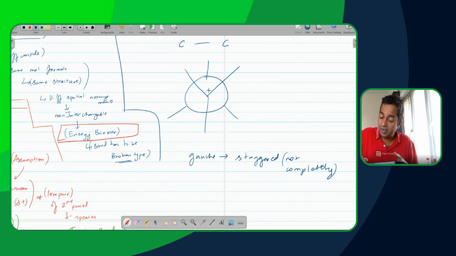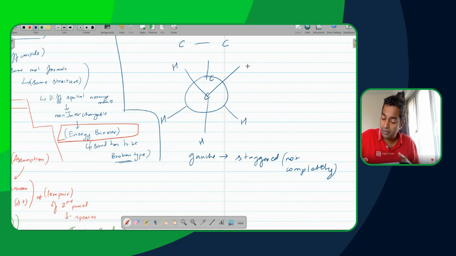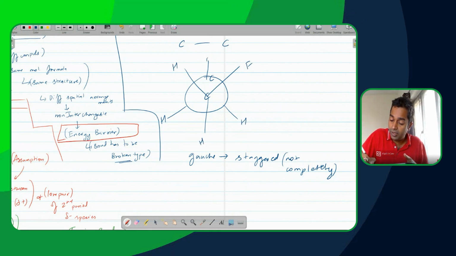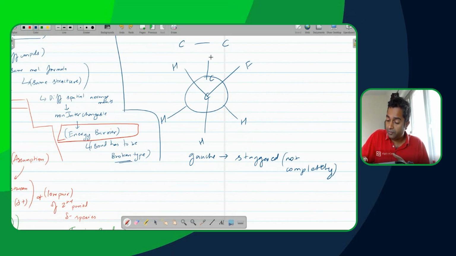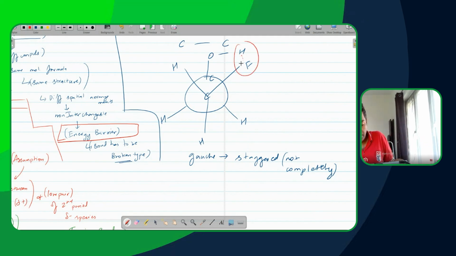Okay. Now let's start understanding what this means here. So in this particular case here, what is happening is this is one carbon, this is another carbon. We are having hydrogen and hydrogen here, and we are having hydrogen and hydrogen here. They are telling us if I'm having a fluorine here and an OH here, or let me write it a bit more clearly, if I have an oxygen here and a hydrogen here, they are basically telling you that this interaction is better, correct?